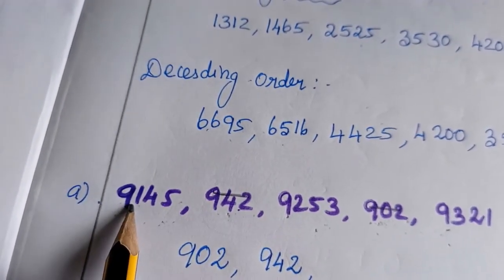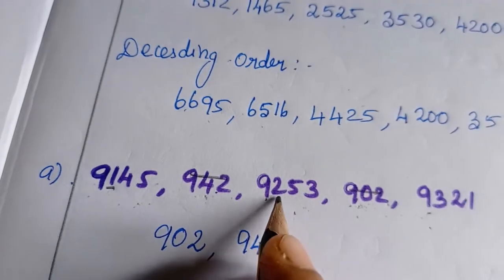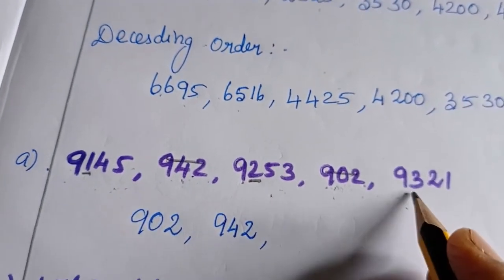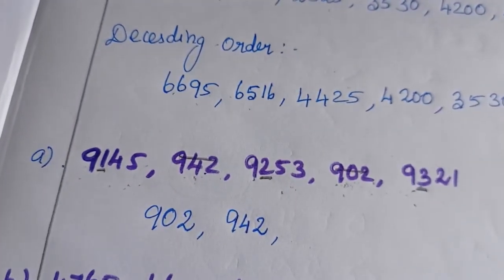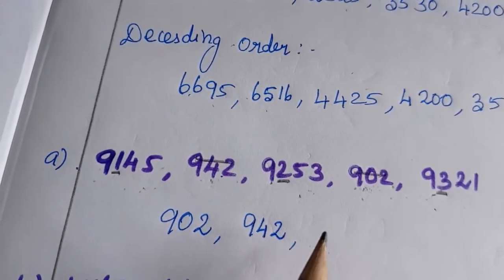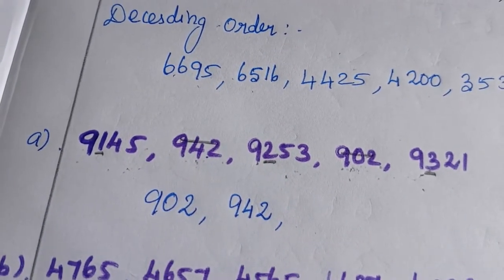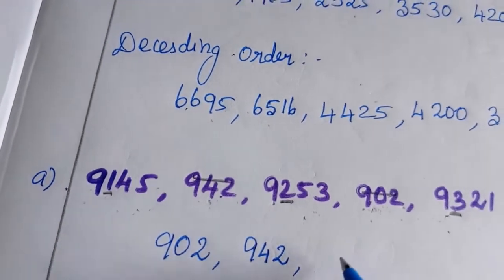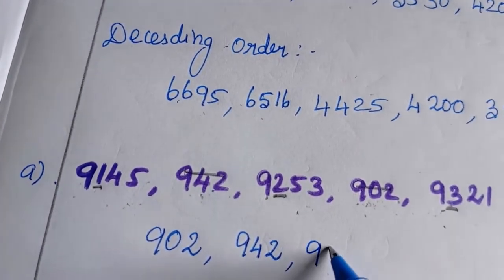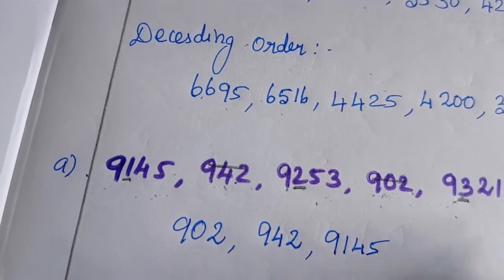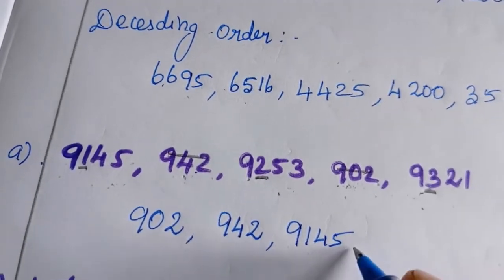This number, the 100 place value is 1 and this number, the 100 place value is 2 and this number, the 100 place value is 3. So which one is smaller? 1, 2 or 3? Yes, 1 is smaller. So you can write 1145 as the next number. Okay.